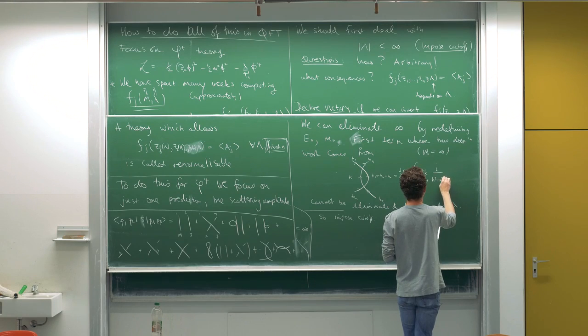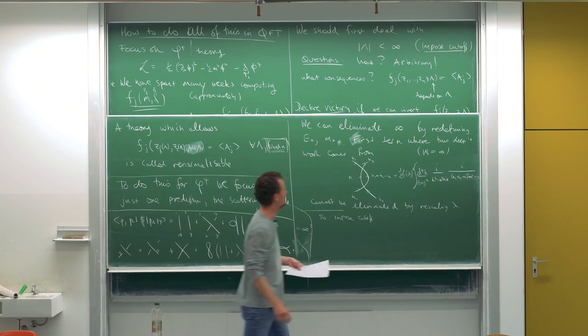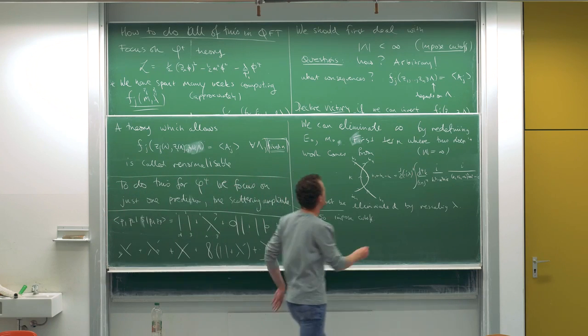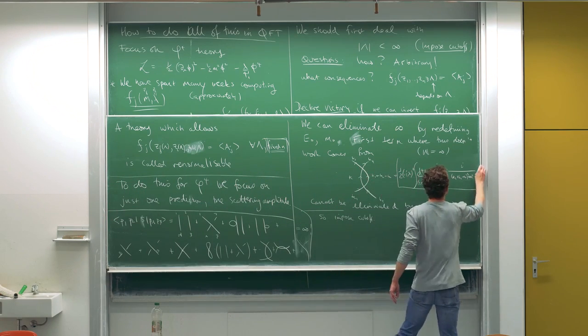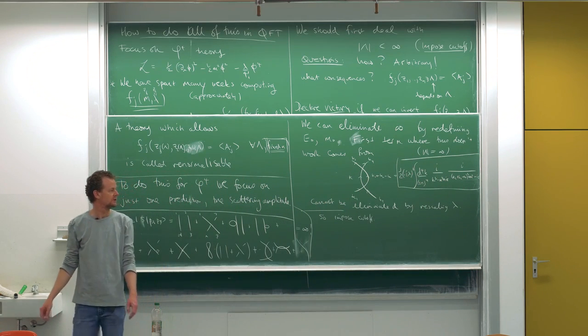So if you apply the Feynman rules to this picture, then you get the following integral. That's the actual evaluation of that Feynman diagram. It's an integral over one loop momentum k.